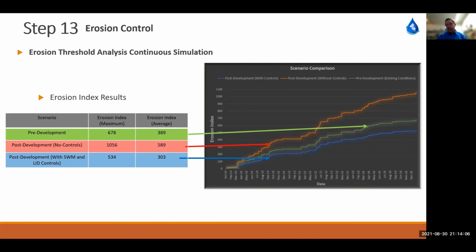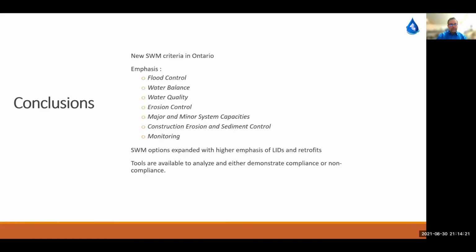In fact, we have to go, in this case, below the threshold erosive strength of the soil, so that we minimize the dislodgement and transport of sediments downstream. So in this case, they met the erosion control standards, and these four analyses illustrate how we can evaluate whether or not the certain standards are being met.